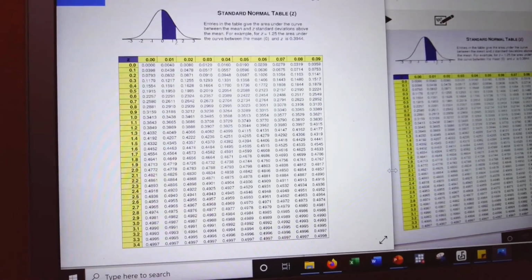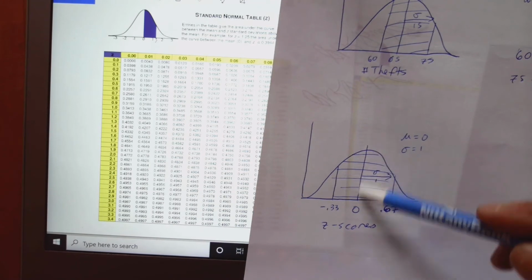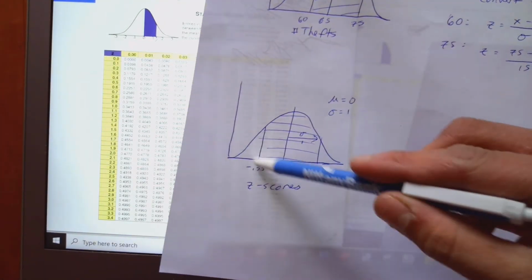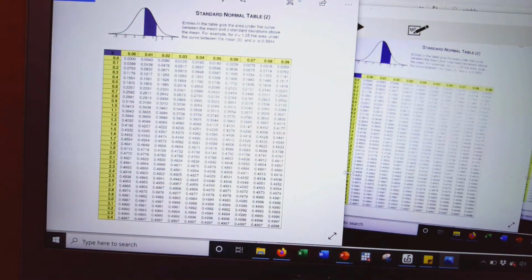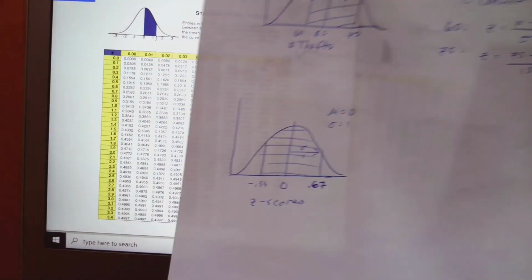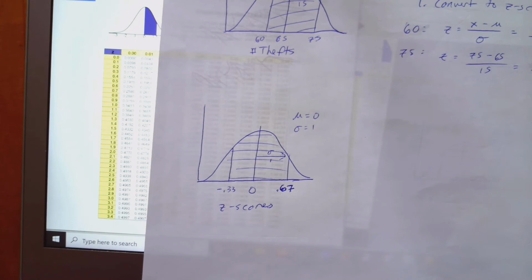And specifically, we're going to find the area under the curve on one side of the mean, and we're going to find the area under the curve on the other side of the mean. And so the nice thing about working with a normal distribution is that it's totally symmetrical.